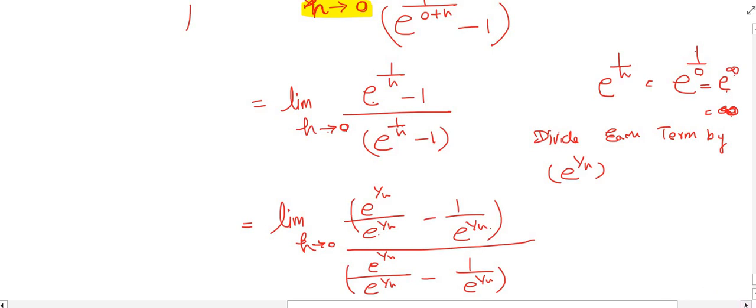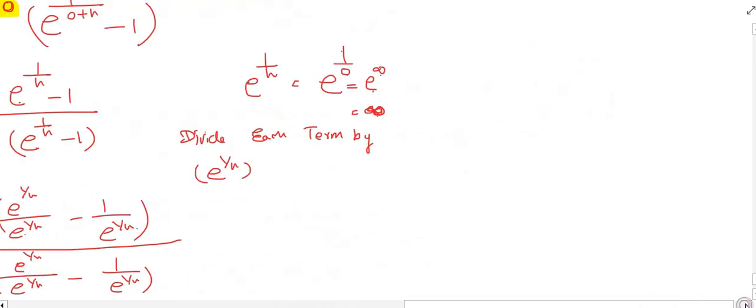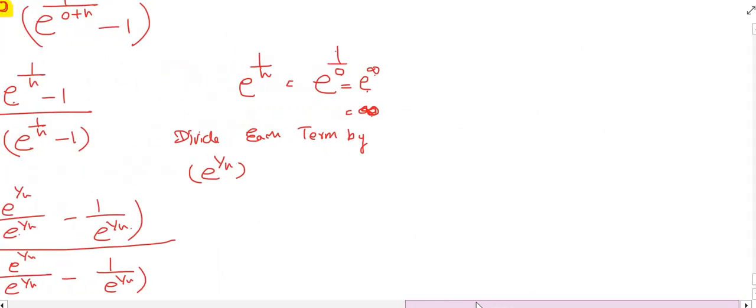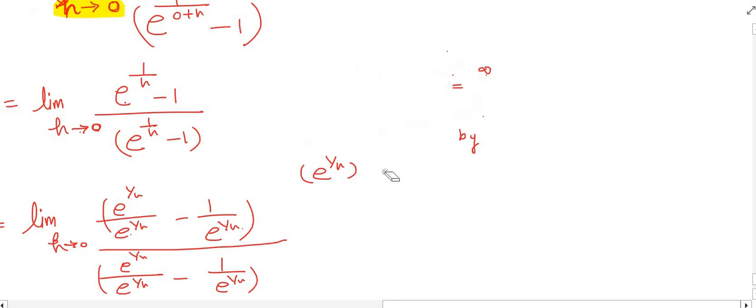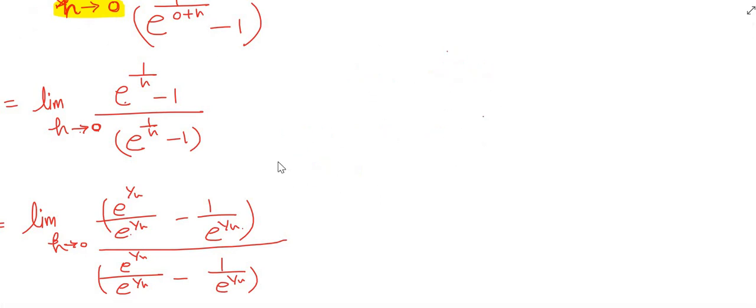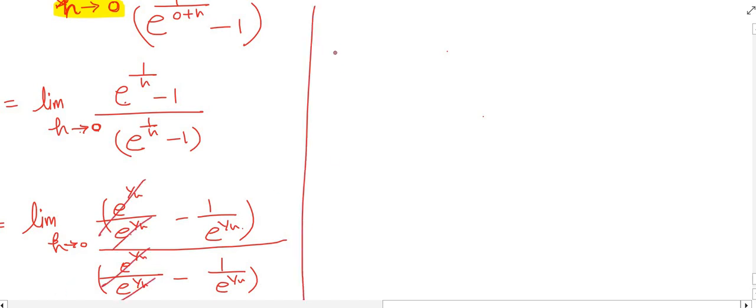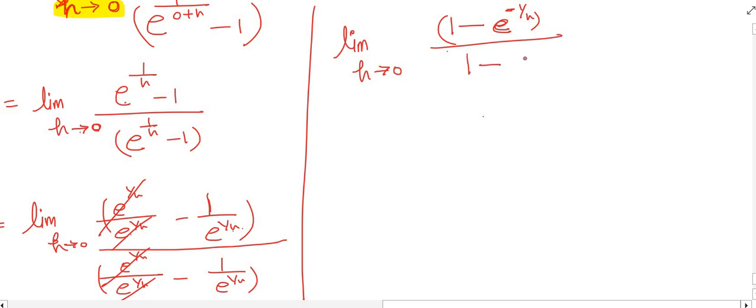Now let's simplify. This and this will cancel, this and this will cancel. So I will have limit h tending to 0 of (1 minus e raised to power minus 1 by h) by (1 plus e raised to power minus 1 by h).